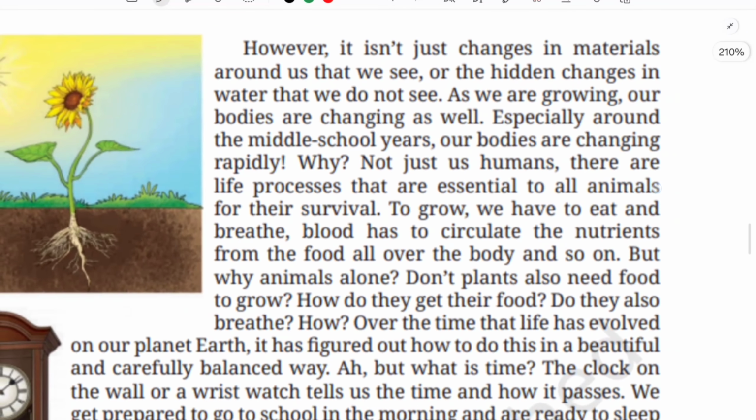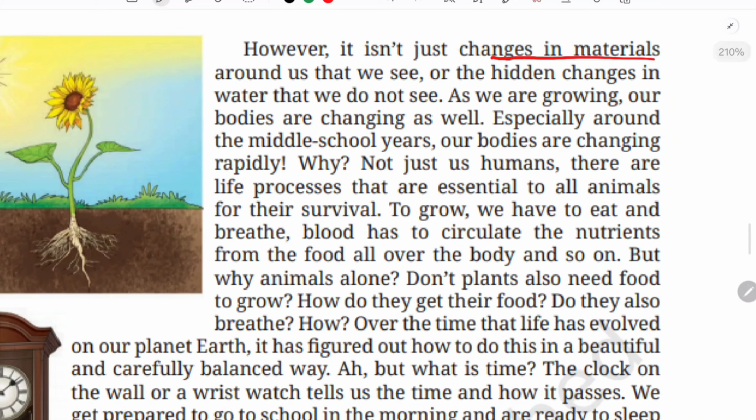However, it isn't just changes in materials around us that we see, or the hidden change in water that we do not see. As we are growing, our bodies are changing as well. Even our bodies are changing very fast, especially when you are in middle school at your age. The dresses which fit you last year might not fit you today, isn't it?